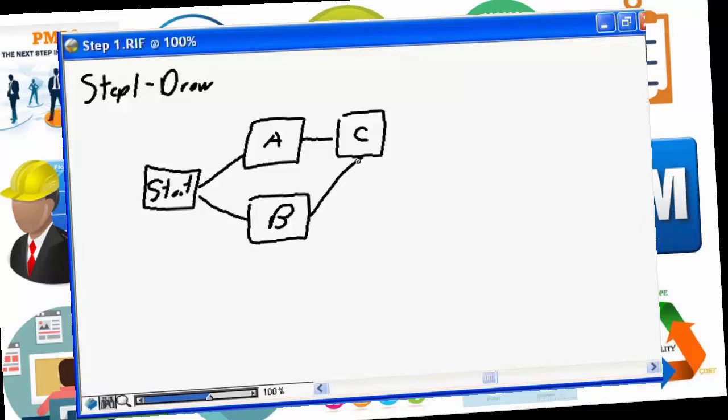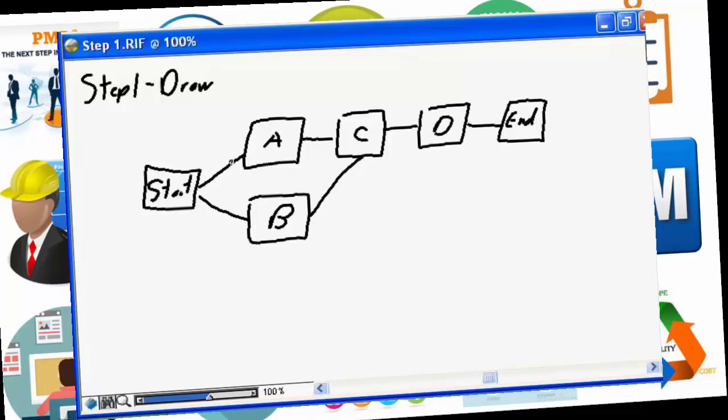So we're starting to see our network diagram with the dependencies starting to flesh out. Task number C has a dependency on task number D. And task number D is the end of our project. So we have a very simple network diagram. Obviously, a real network diagram for a significant size project would be much larger than this.